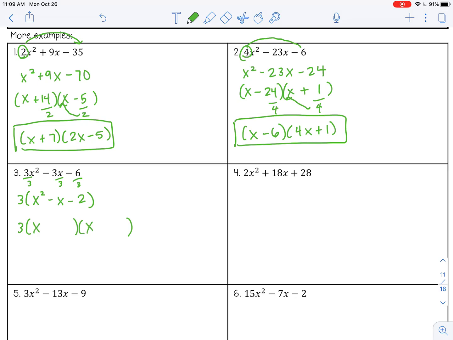So I don't have to worry about multiplying a times c because we factored out a. Okay, the only factors of 2 are 2 and 1. We just have to get those signs right so that I get a negative 1. So it needs to be negative 2 and positive 1. And that is my final answer.